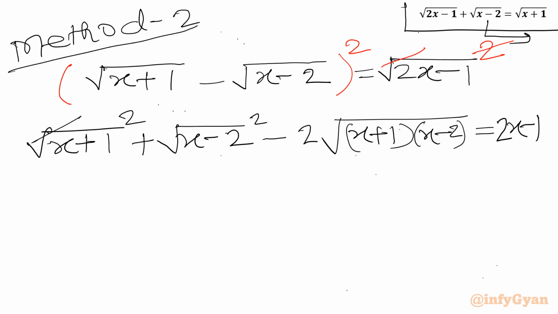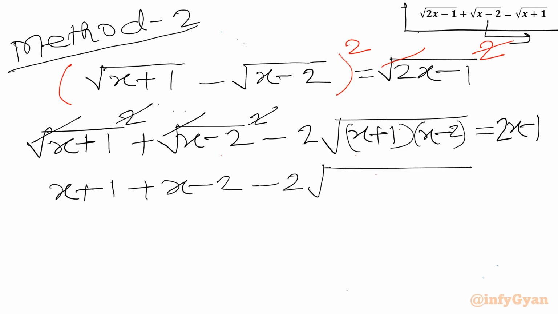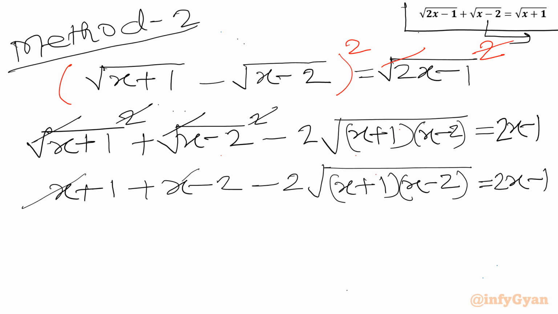Now square root and square will be cancelled out. So I can write here x plus 1 plus x minus 2 minus 2 times square root x plus 1 times x minus 2 equal to 2x minus 1. Now x and x, this will be 2x, and 1 minus 2 will give us negative 1.